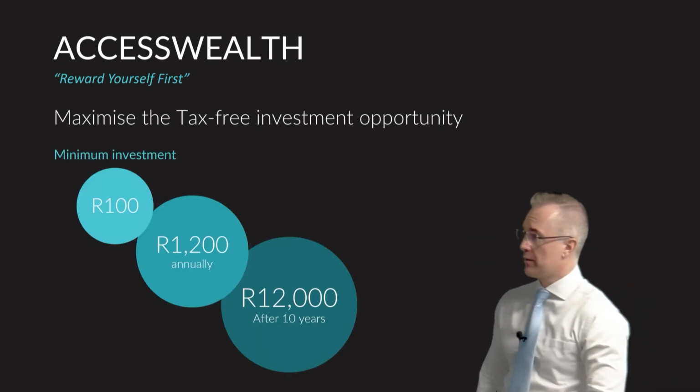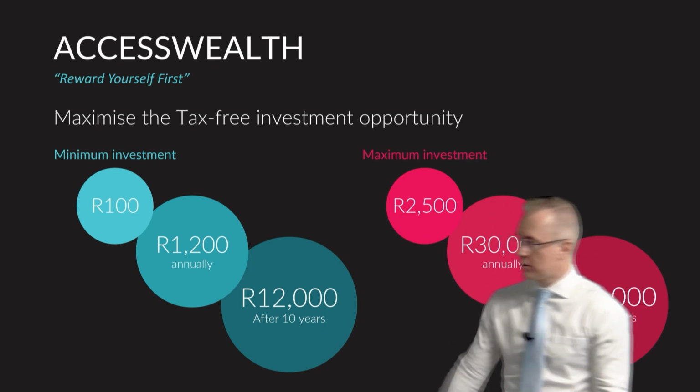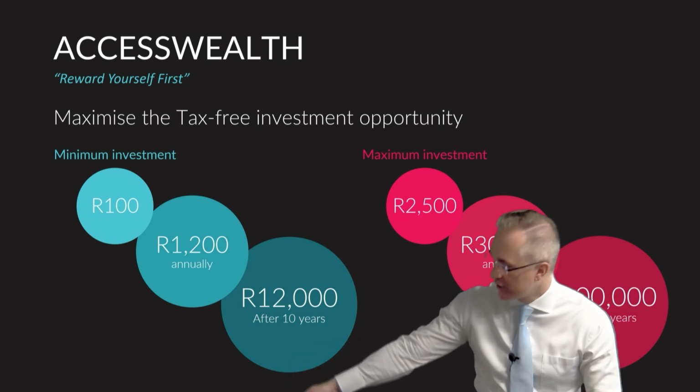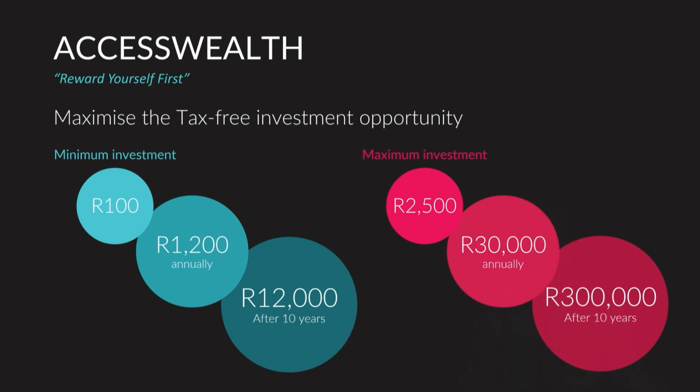Okay, let's start building some income. So I did a quick calculation for you here. If you put in 100 Rand a month for 10 years, you'll have put 12,000 Rand in. Now we can multiply that by 6%. That's the average it's been till now. It might change. It might be worse. It might be more. Remember, the stock exchange is always moving up and down.